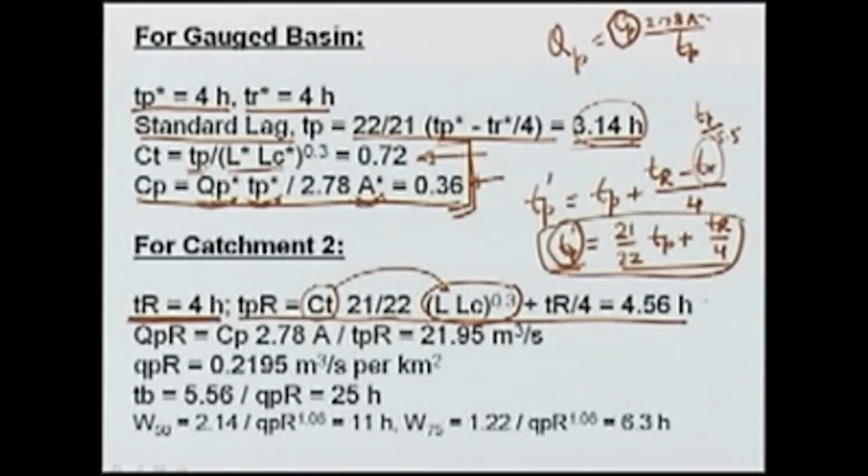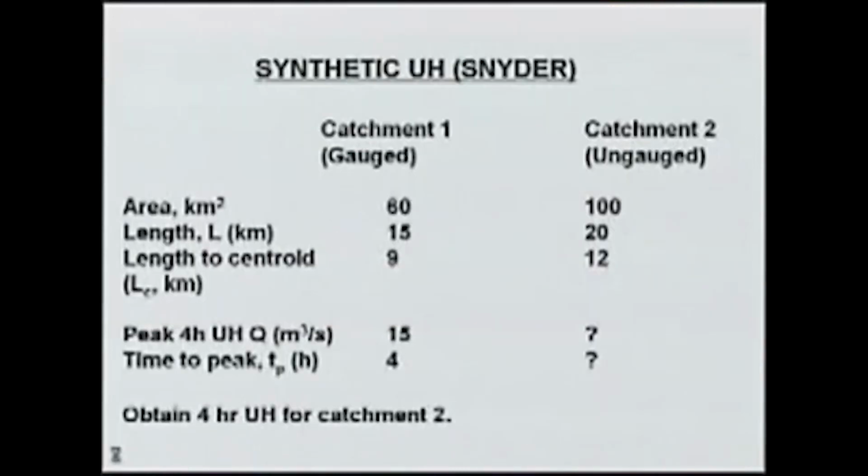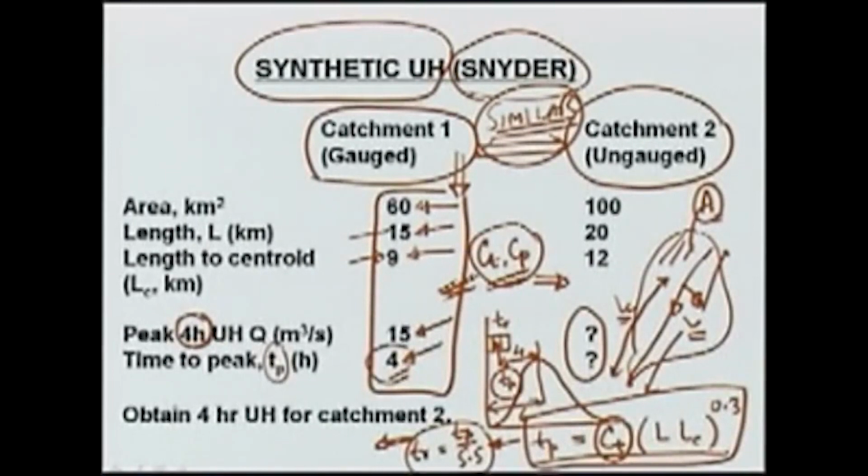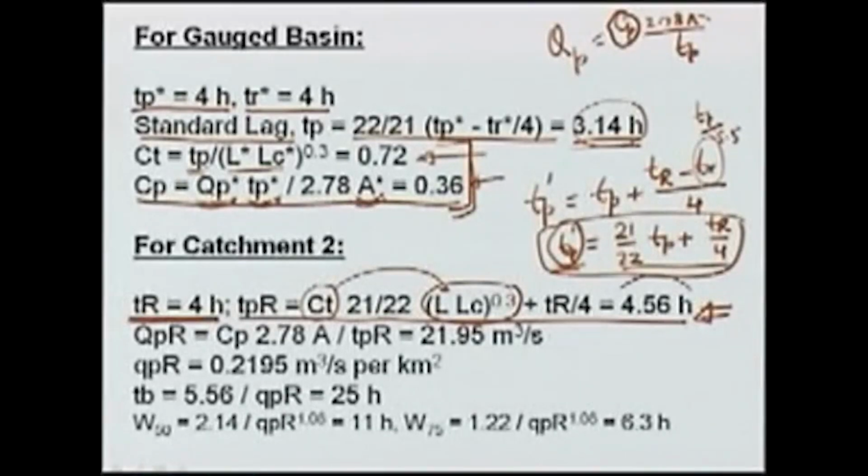This gives us a lag of 4.56 hours. In catchment 1, the lag was 4 hours and the area was 60 square kilometers. Since this is a larger basin of 100 square kilometers, L and Lc are also larger, so we expect the lag to be larger. Compared to 4, we get a lag of 4.56 hours.